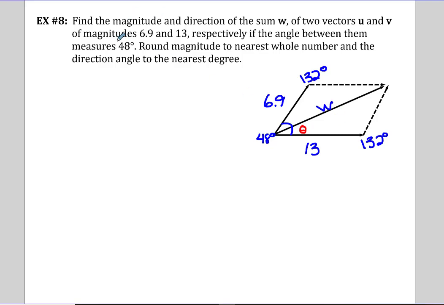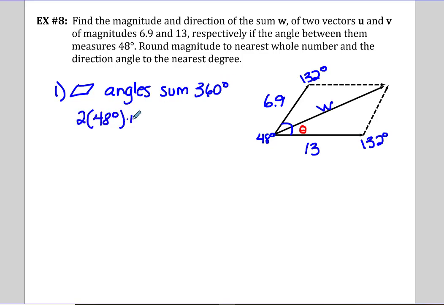Okay, so the first thing we did is we knew that the parallelogram angles sum to 360. And we had two that were 48 degrees, and we had two that were 132 degrees. So we put the puzzle together.